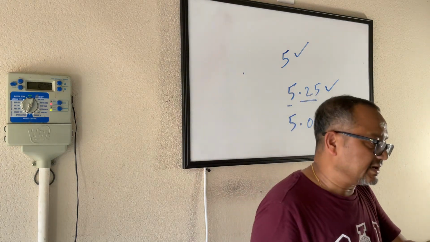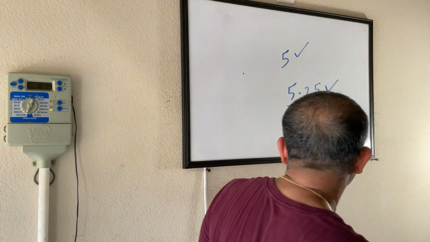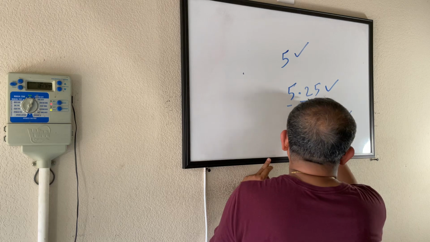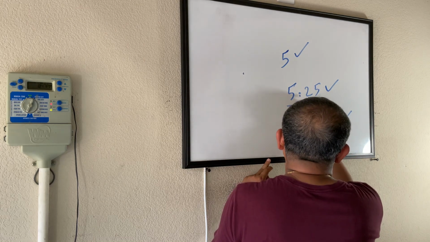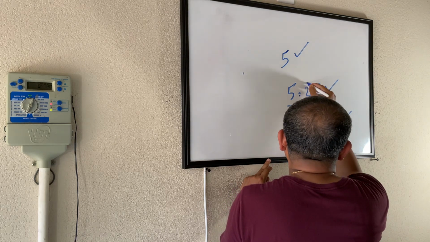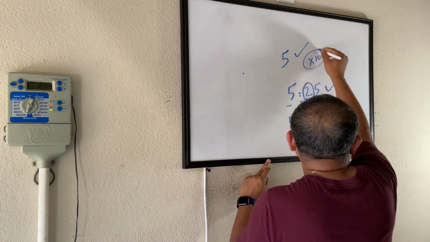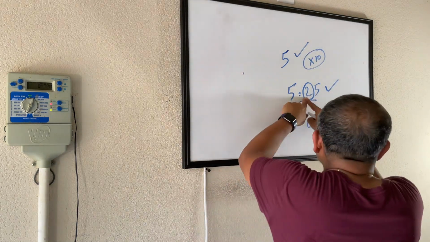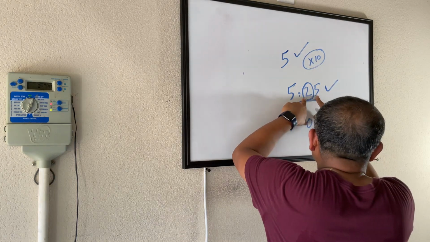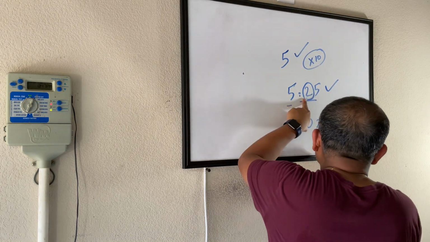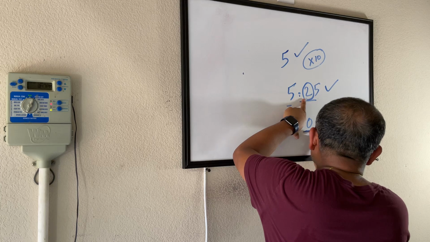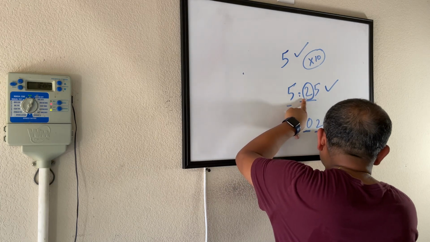So here's the thing. Anything after the decimal, you can think of as this into 10, this many cents. So 2 into 10, 20 cents plus 5 cents, 25 cents. Here, the first one is 10, this one is 1, and this is 1 by 10.